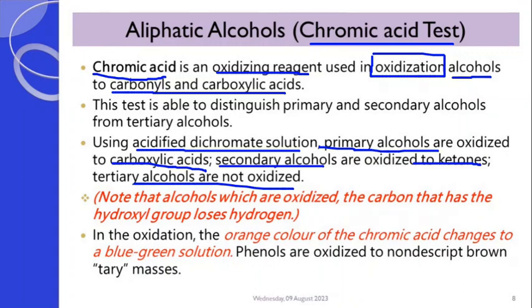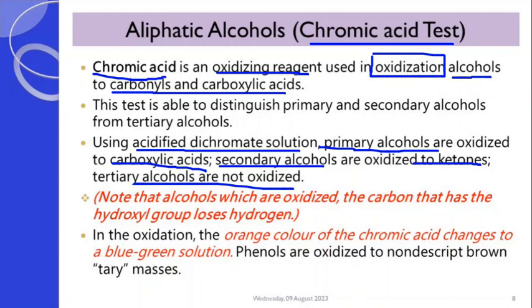From the concept explanation, what it simply means is that when we oxidize an alcohol, the carbon that has the hydroxyl group would lose the hydrogen.